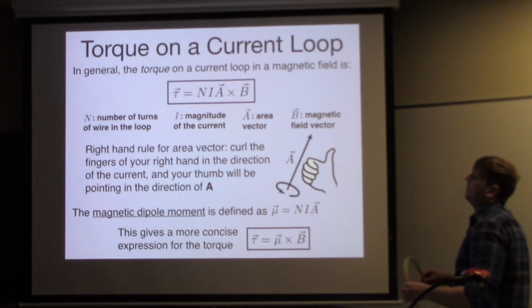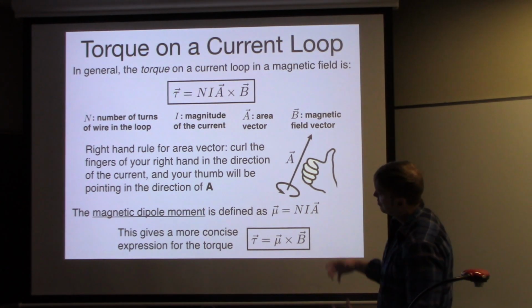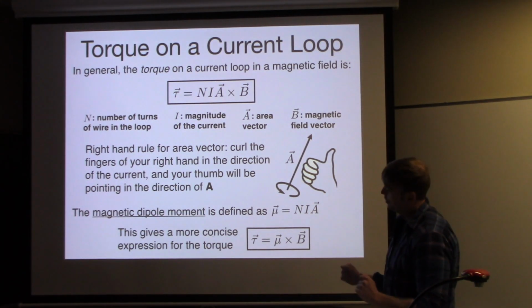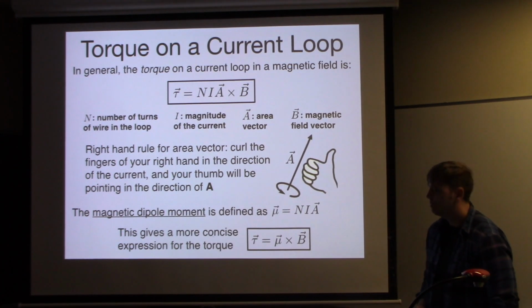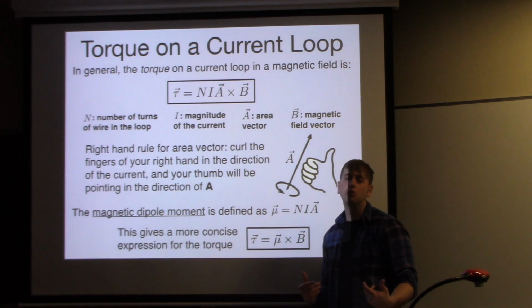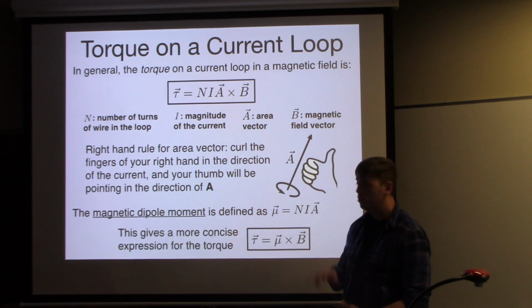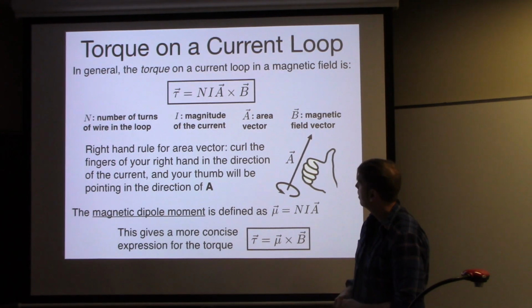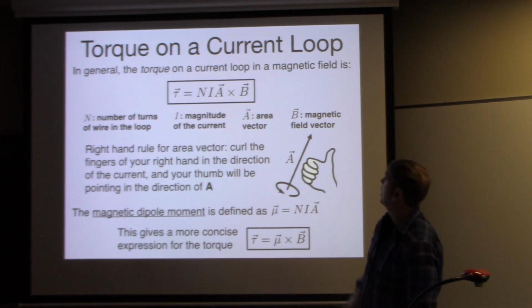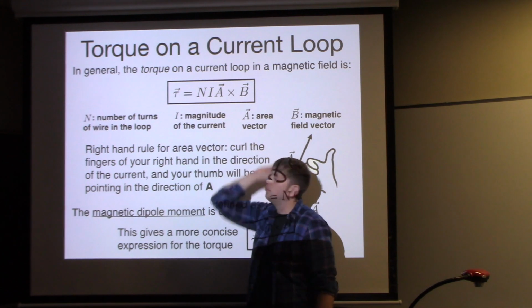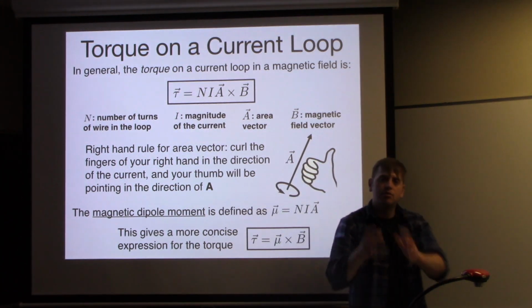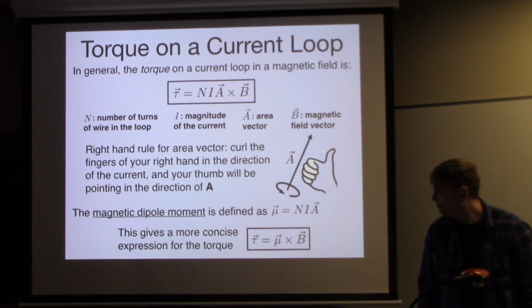Okay, so we can actually make this a little bit more compact by defining something called the magnetic dipole moment. The definition of the magnetic dipole moment is it's given by mu, a vector, equal to N times I times A. So basically, it's the same equation as before, but we take this N times I times A thing and just smash it into one term.